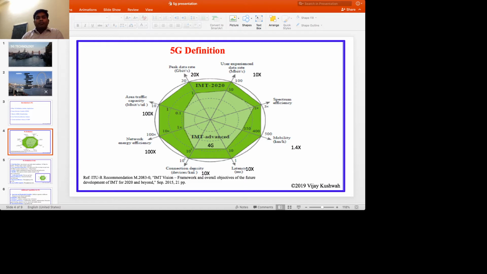So remember, IMT-2000 was 3G, IMT-Advanced was 4G, and IMT-2020 is 5G. So every 10 years there is a generation.